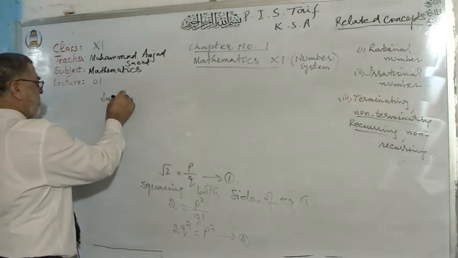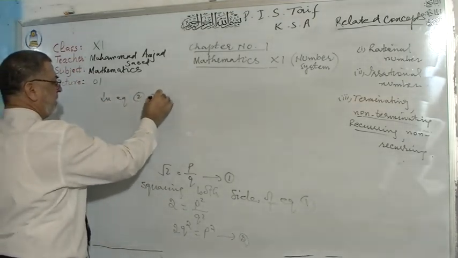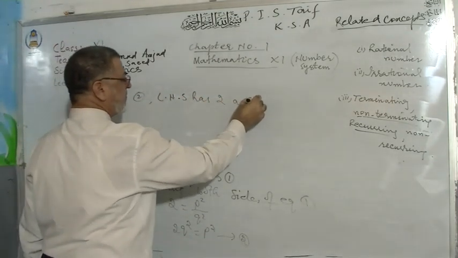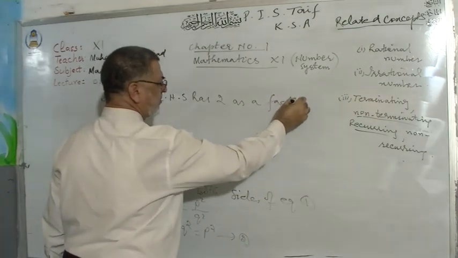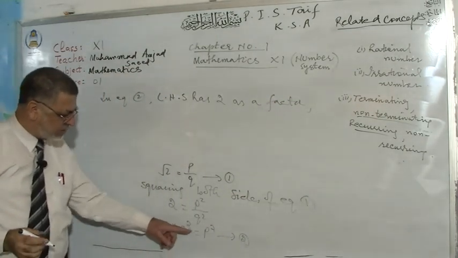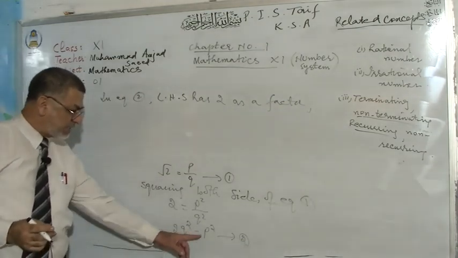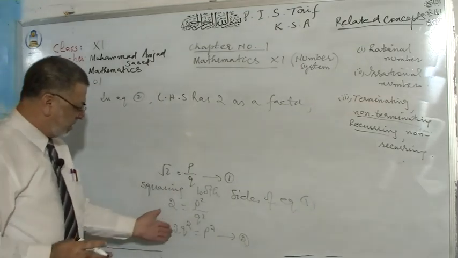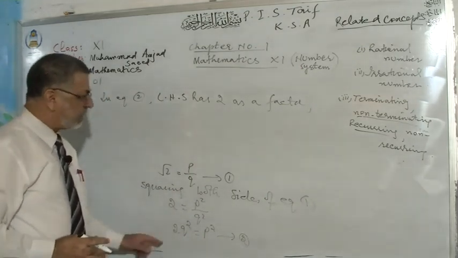In equation 2, the left hand side has 2 as a factor. If the left hand side has 2 as a factor, then 2 must be a factor of the right hand side, otherwise this equation will become wrong.